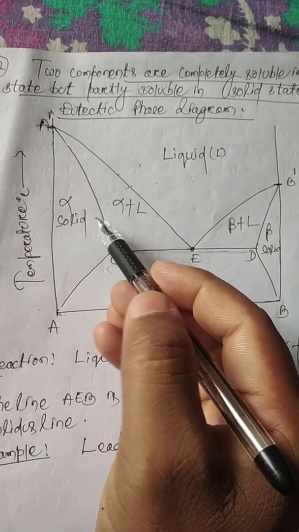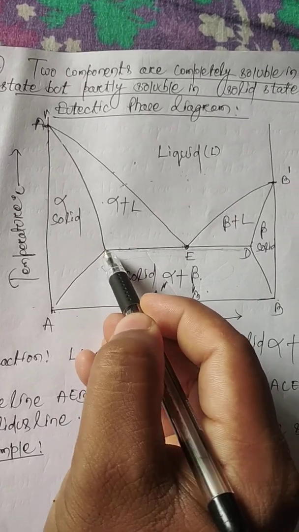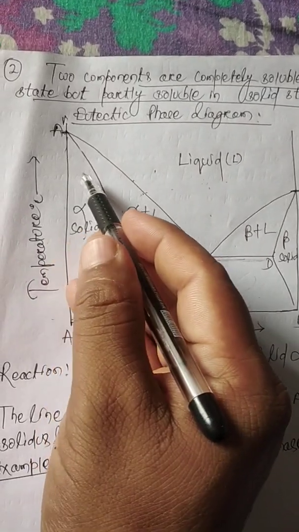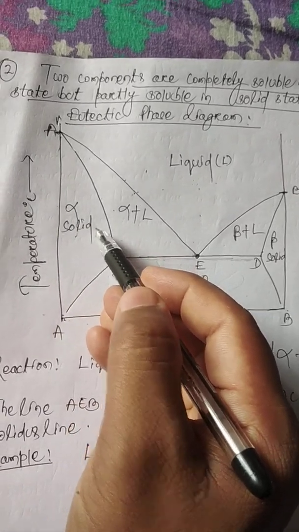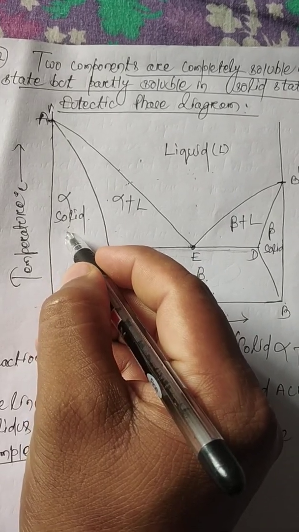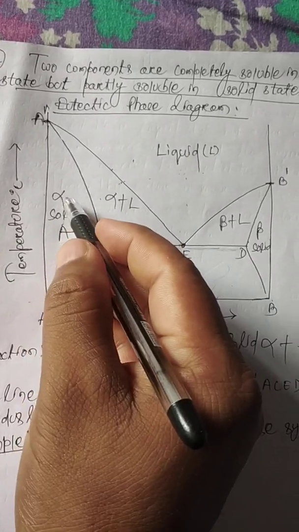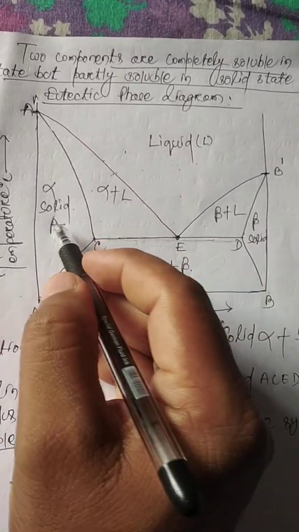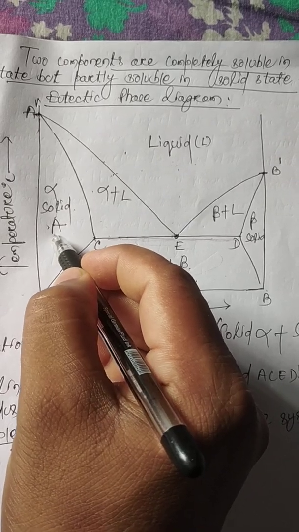At a particular point, suppose point C, we see a separate solid formed, and this alpha is component A. So this portion is 100% component A. As we know, this is the alloy of alpha and beta, or A plus B, but this portion is maximum component A.